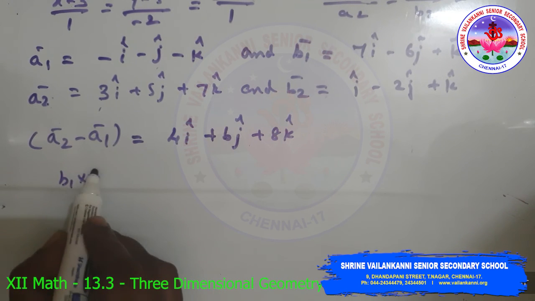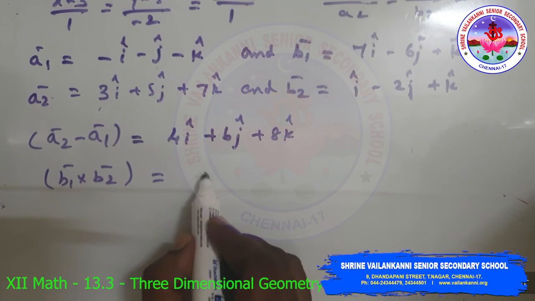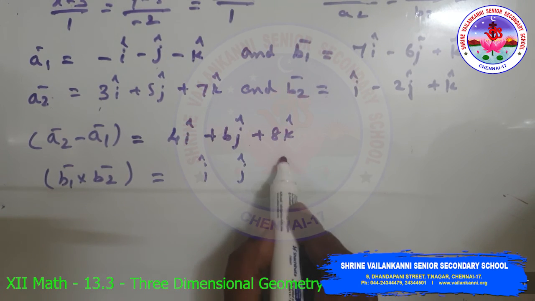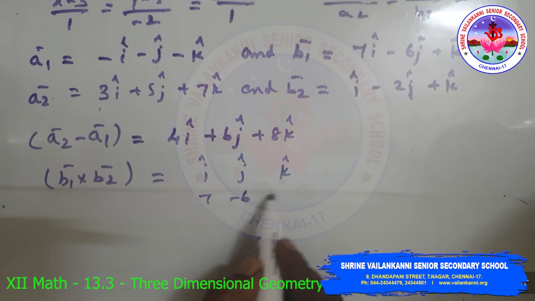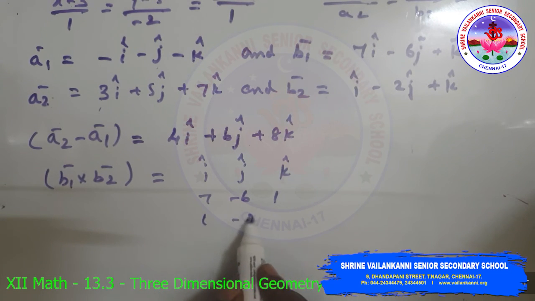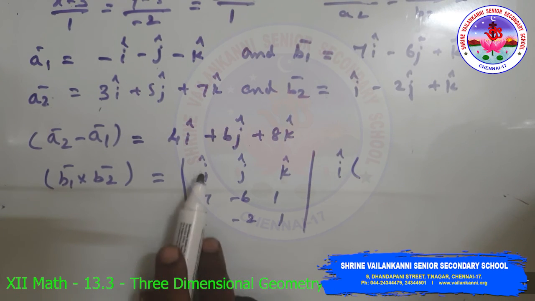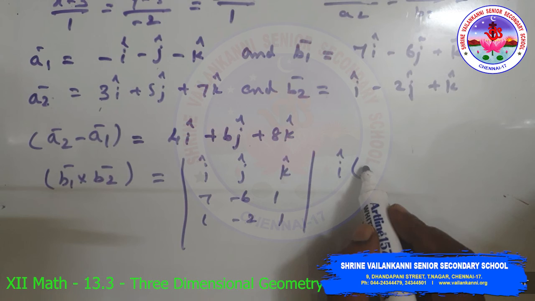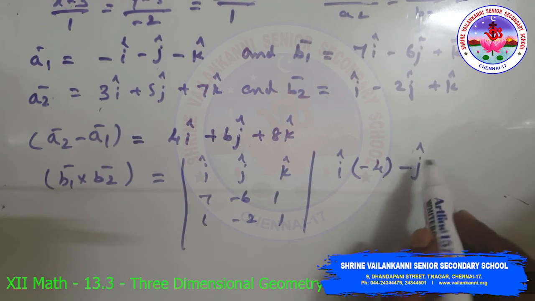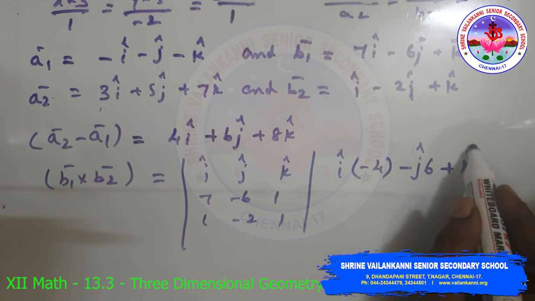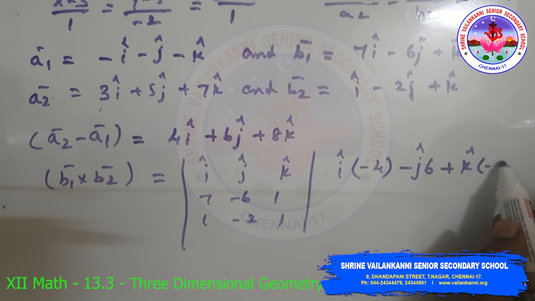Then b1 × b2, using the determinant form i, j, k, then the coefficients 7, −6, 1 and 1, −2, 1. When I expand along the first row: i into (−6 + 2) which is −4, minus j into (7 − 1) which is 6, plus k into (−14 + 6) which is −8.